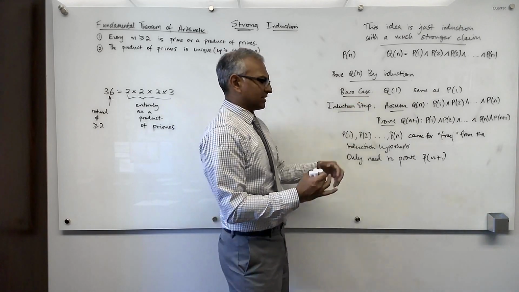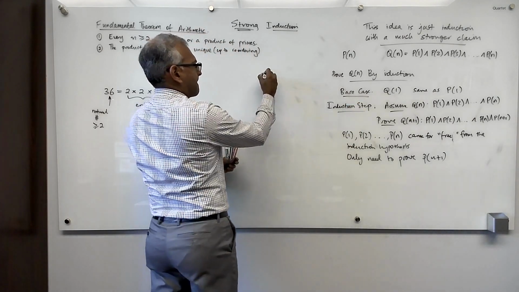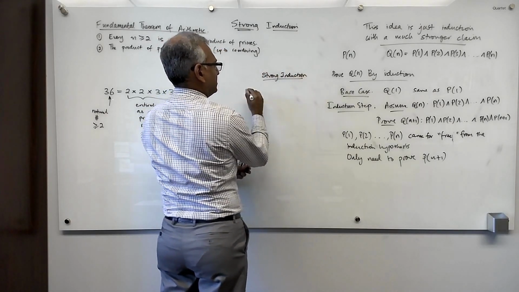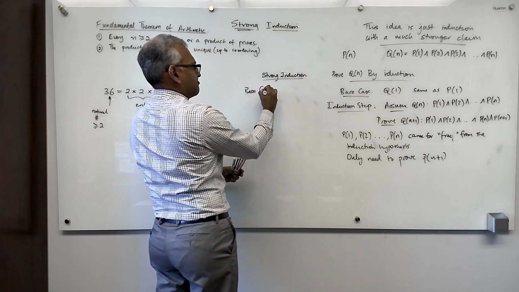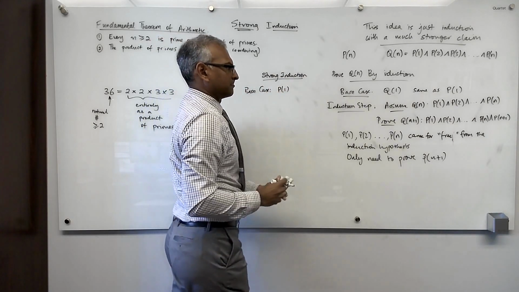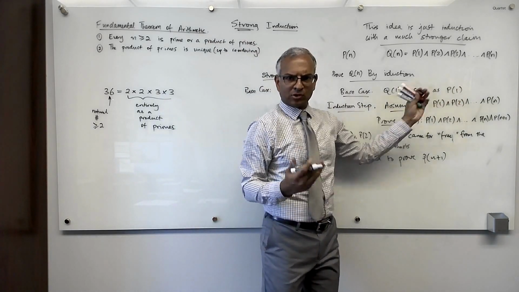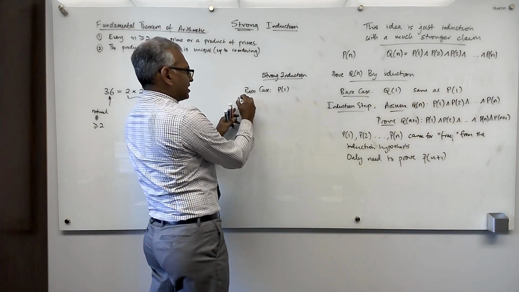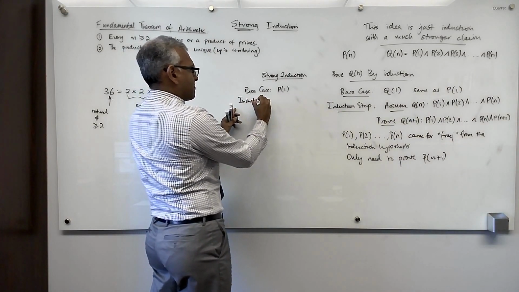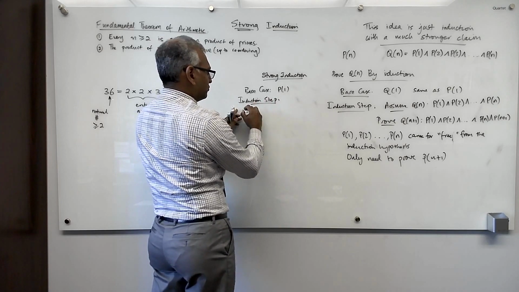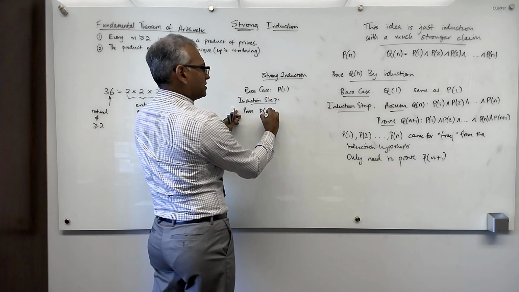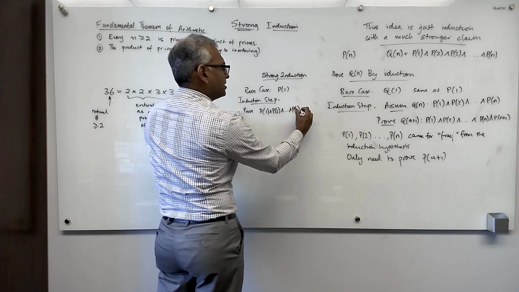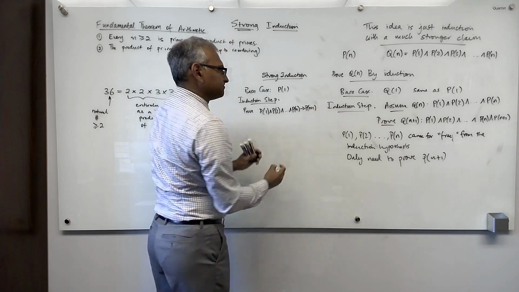Okay, so equivalently, strong induction. In strong induction, the base case is P of 1, same as P of 1. So equivalently, now I'm saying this is equivalent to the base case being P of 1, and the induction step: prove P of 1 and P of 2 and all the way up to P of n implies P of n plus 1.